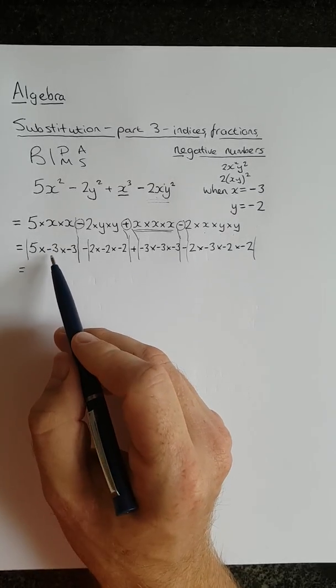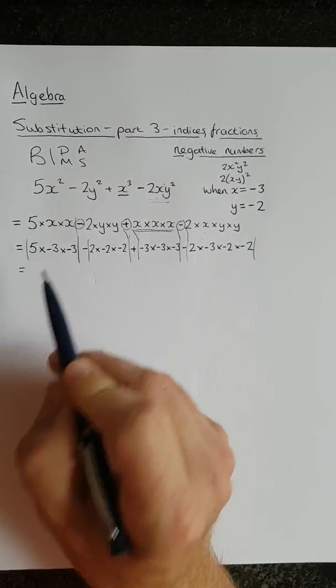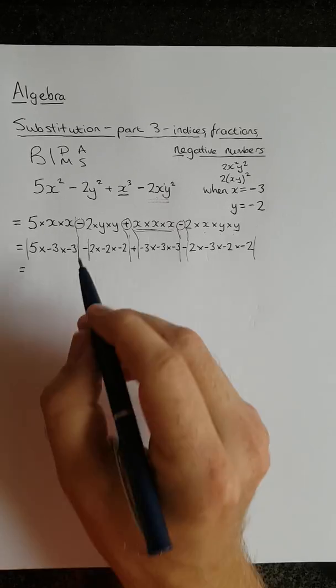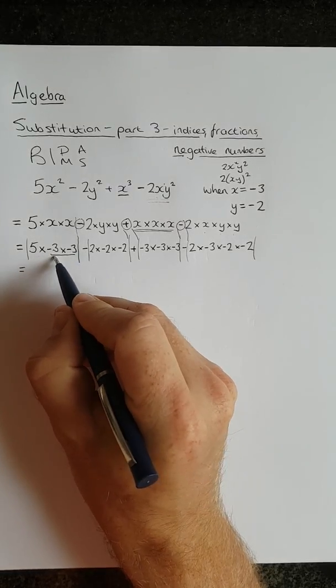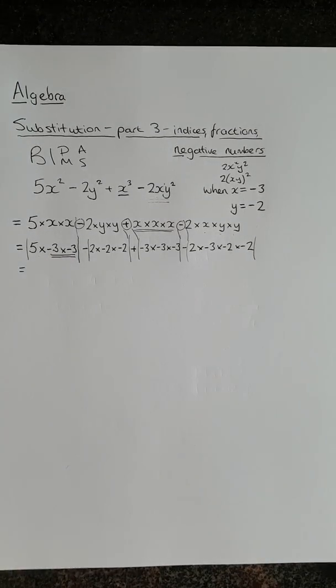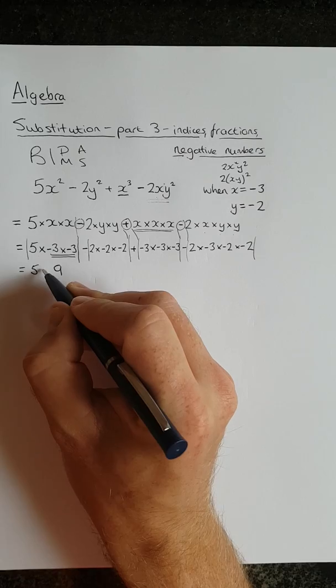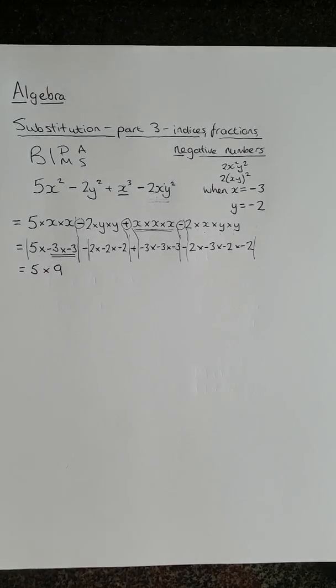So let's start by doing some multiplying. And there isn't a right or wrong way to do this, but I would advise you to tackle the negatives first. So -3 times -3. That's 9. So I'm going to do 5 times 9 afterwards.